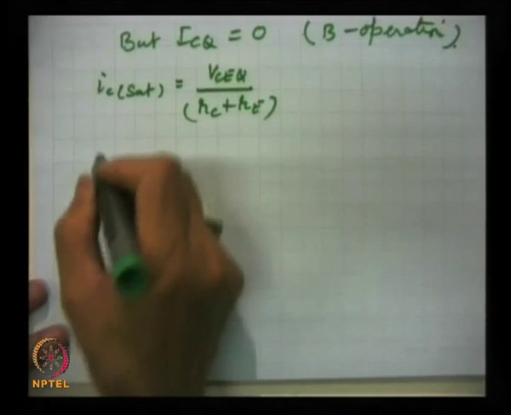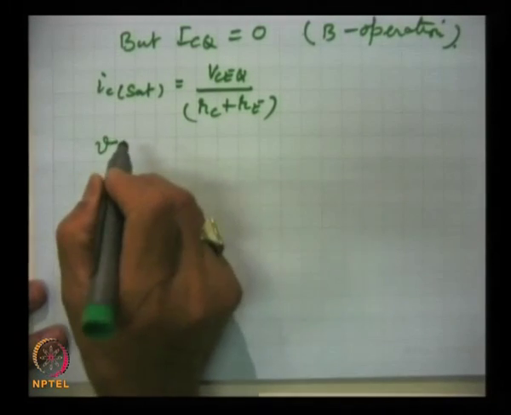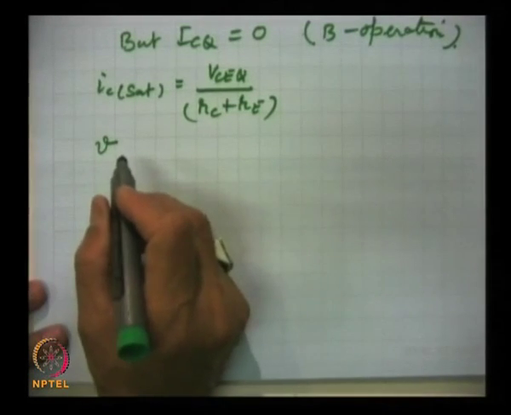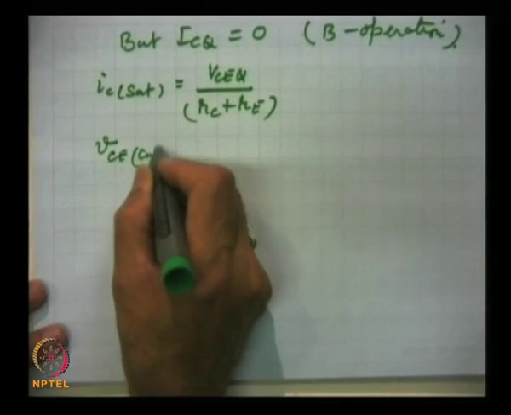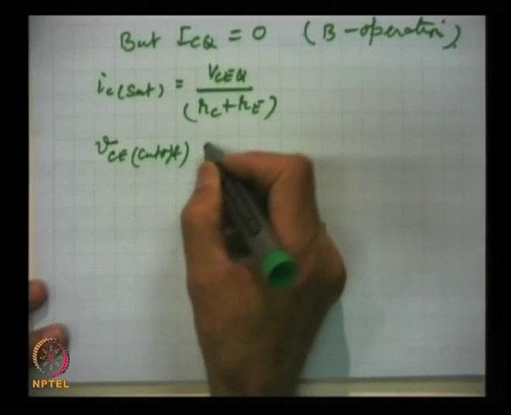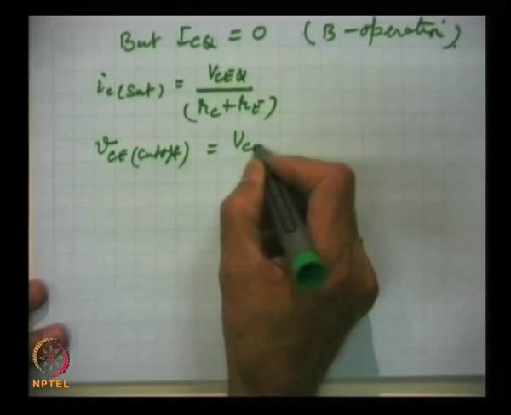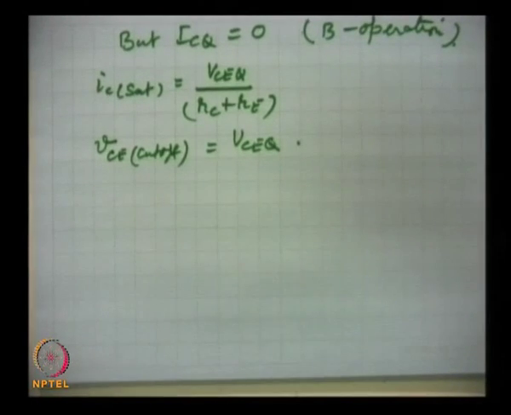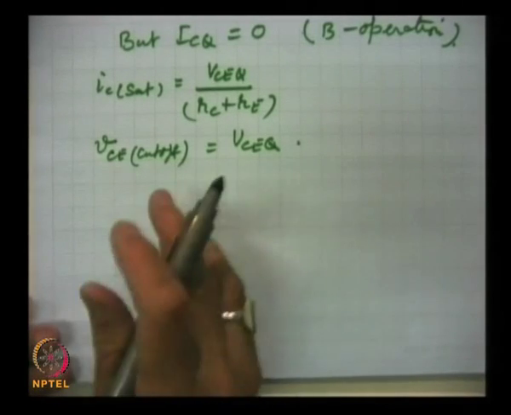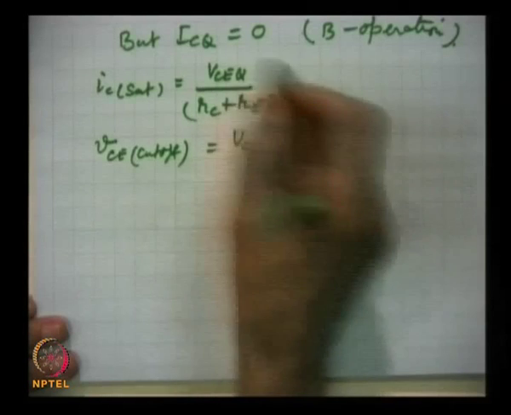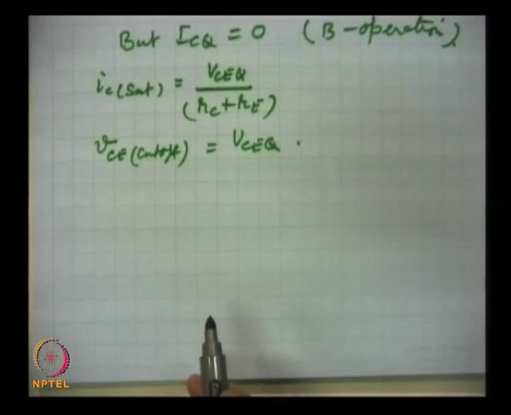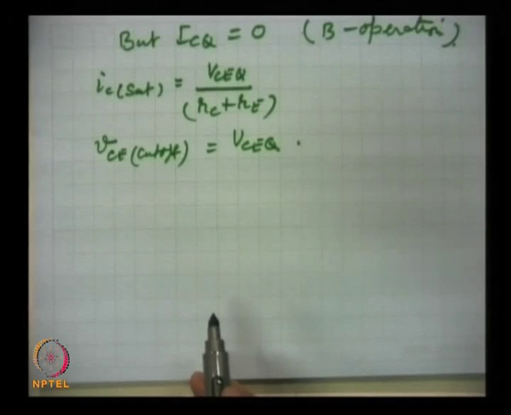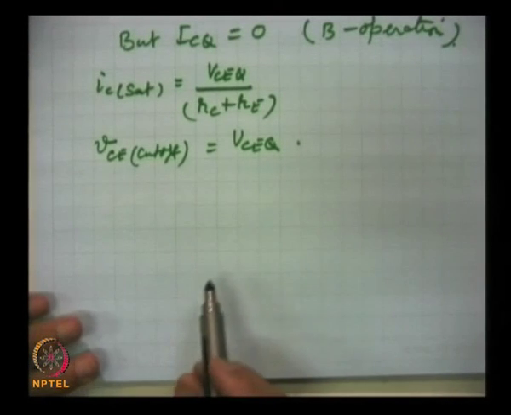And similarly, when we substitute ICQ 0 in the VCE at cutoff equation, we get simply VCEQ. So, these two equations will help us in arriving at the maximum AC output power.